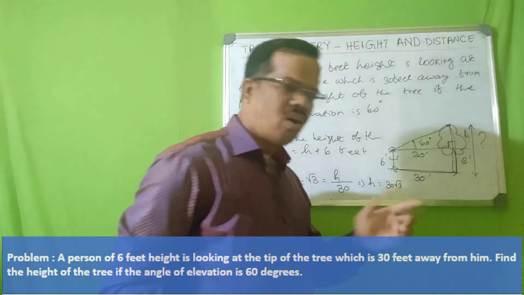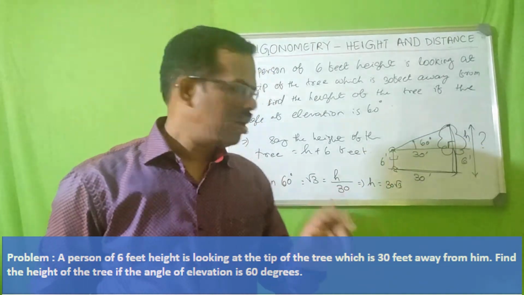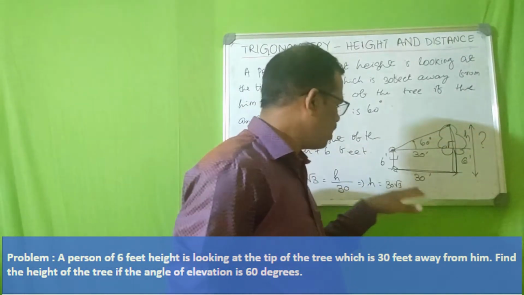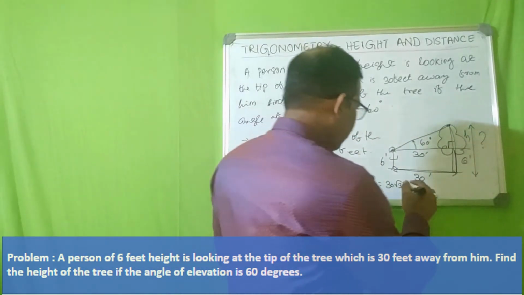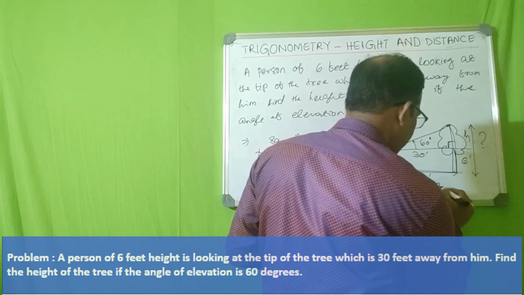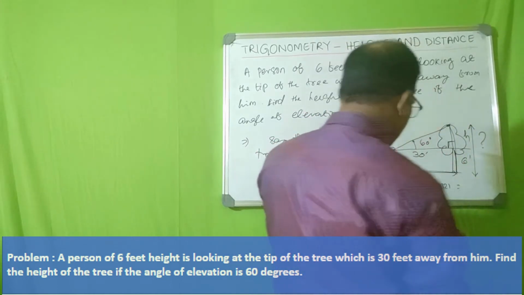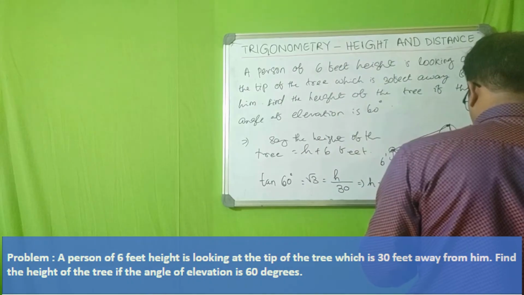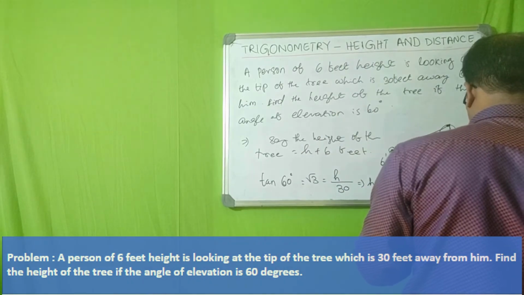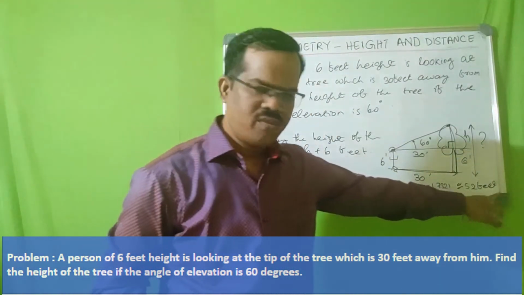Either you can leave it here, or if you have been given the square root table, the value of root 3 is 1.7321. If it has been given, then just multiply by 1.7321 and you will find it is closely coming to 52 feet.